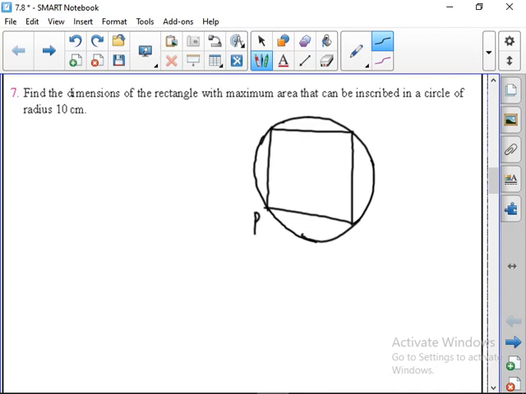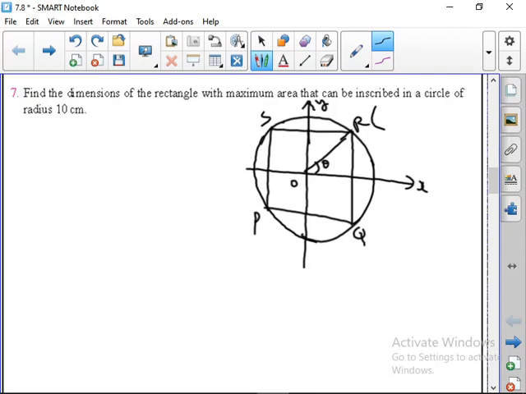So take the rectangle as PQRS, and you can draw this is the y axis, and the center will be on the x axis. This is the center O, this is the radius, and this is the angle theta.